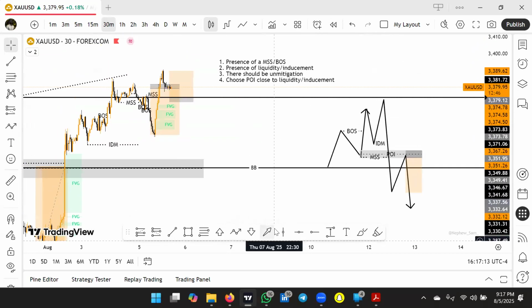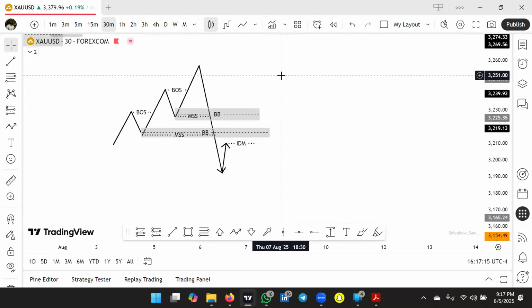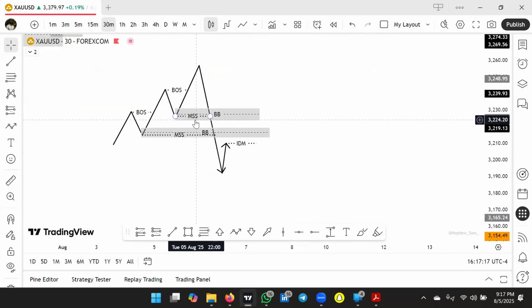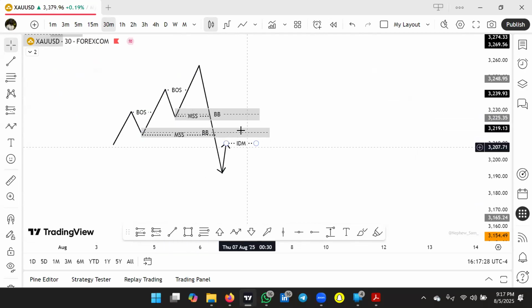Now, according to these four rules, there must be presence of what? Market structural shift. The second is presence of inducement or liquidity zone. And then the third thing is the points of interest must be unmitigated.